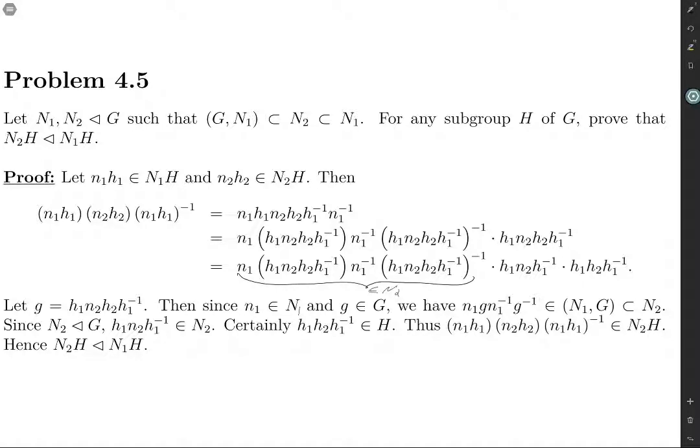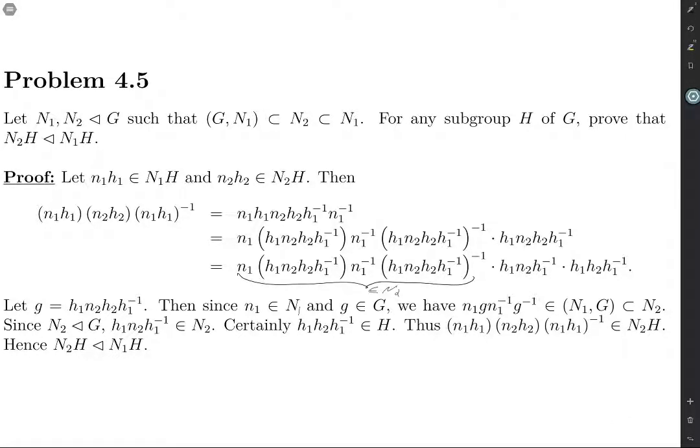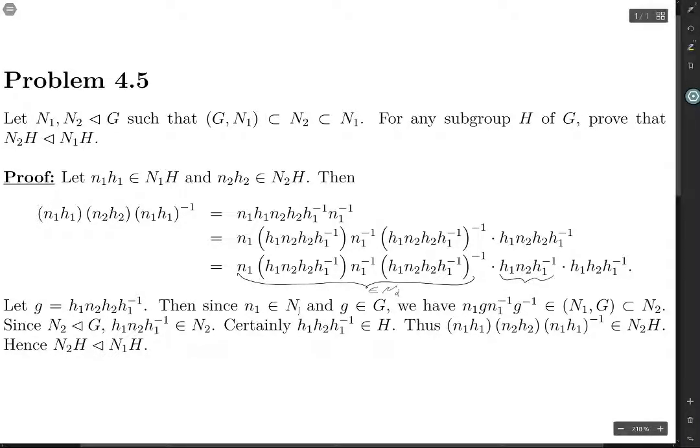By normality, this is in N2. And certainly if you take three things in H, that's going to be in H. So this is going to be in N2, and this is going to be in H. And then you're multiplying these two things together, and so this whole thing is going to be in N2.